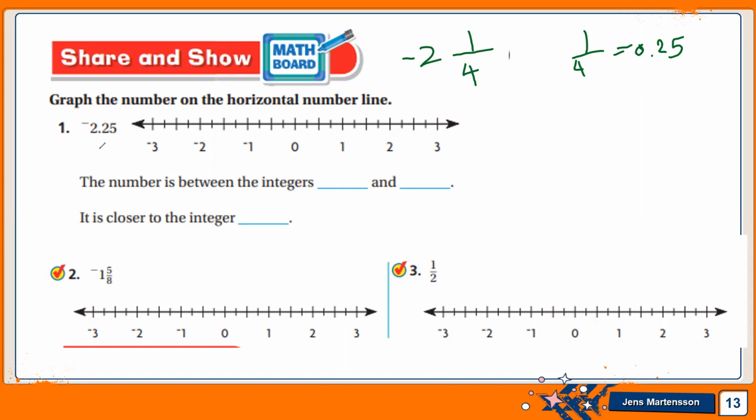You can skip count by 1/4, or you can skip count by 0.25 because the question has a decimal. So it's easier to skip count by decimal. Here we have 0.25, 0.5, 0.75, 1, 1.25, 1.5, 1.75, and so on. Skip counting by 0.25.